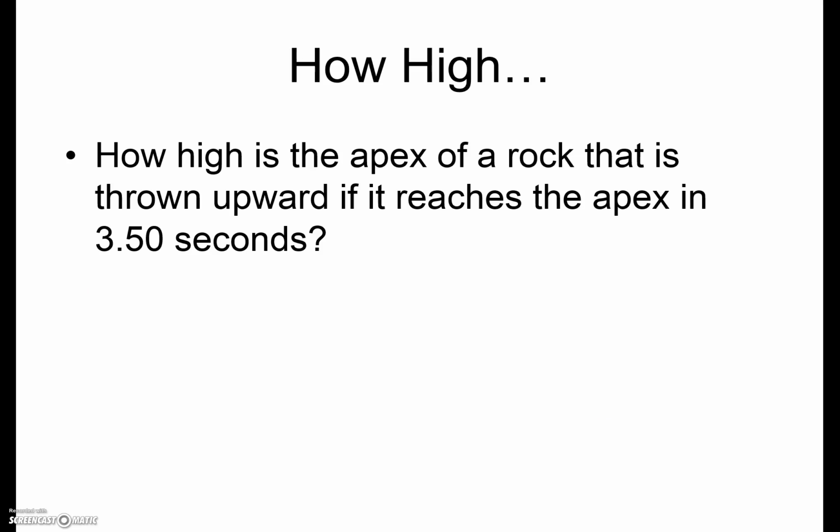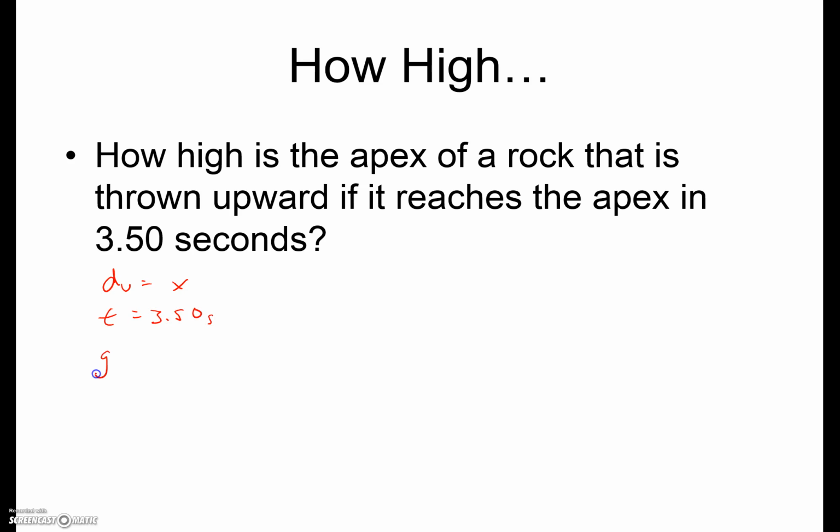So let's look at another problem. Here we've got how high is the apex of a rock that is thrown upwards if it reaches the apex in 3.50 seconds. All right, so this time we're trying to find out our vertical distance. Our time is given to us as 3.50 seconds.